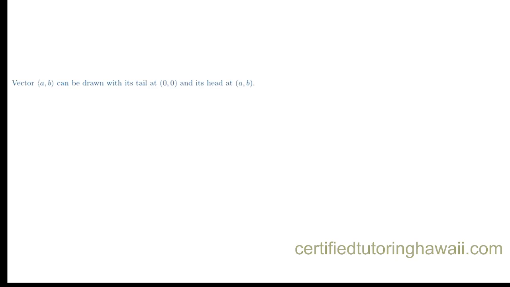A vector is not tied to a single position. A vector representing a displacement of right 6, up 2 is the same vector, no matter where it starts. So, our vector, with entries 6 and 2, can be represented as an arrow from the origin to the point (6, 2). This standard position makes it easy to understand and compare vectors. This gives us a very clear geometric meaning for the components.